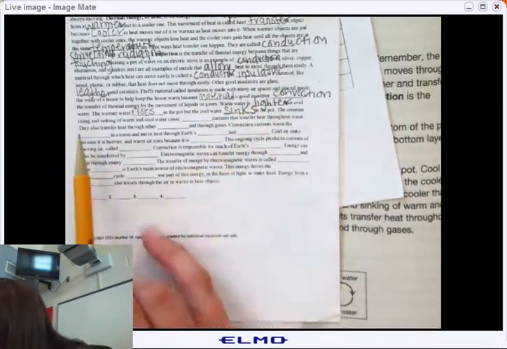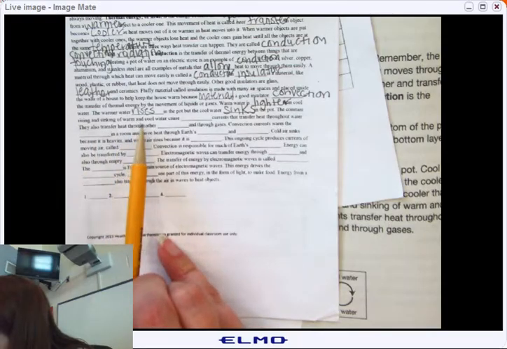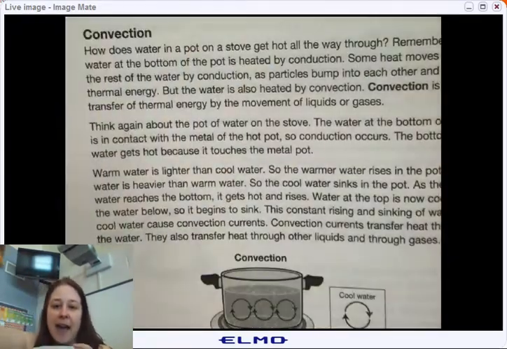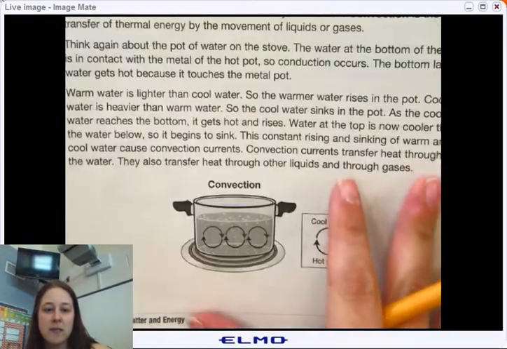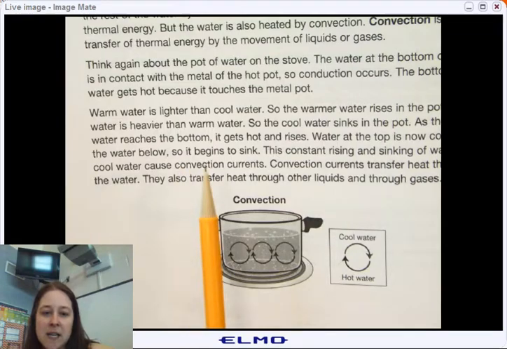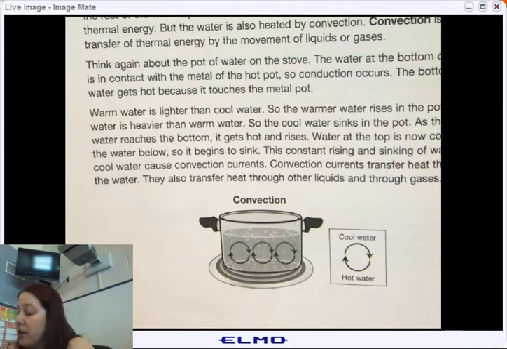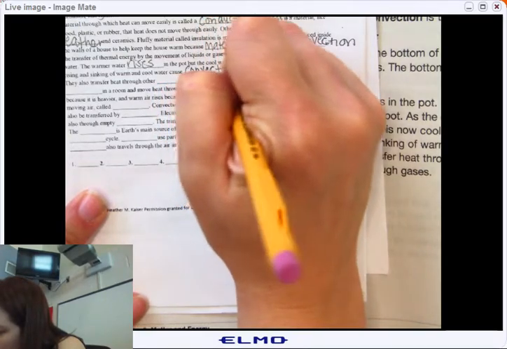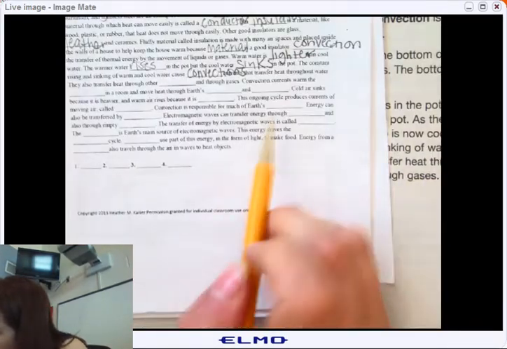The constant rising and sinking of warm and cool water cause blank currents. What kind of currents do they have? Right here, look at that third paragraph. Cool water causes convection currents that transfer heat throughout the water.